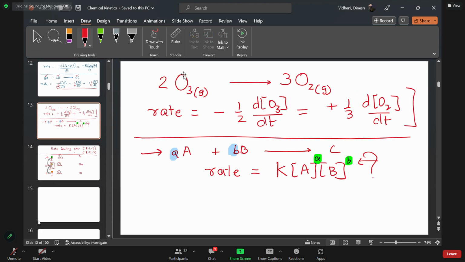Which of them is the slowest step is going to control the reaction. And these numbers, the a and b, are actually giving you the concentration of reactants in the slowest step, and they are going to determine the rate of reaction. That's why we call it the rate limiting step.